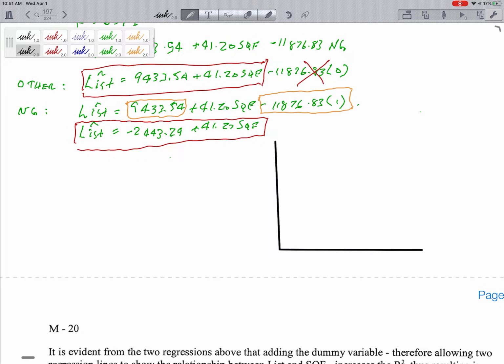We're going to have the price, and the size in square feet. We're going to have two parallel lines here. I might get these a little off, they're supposed to be parallel. And then another one down here.